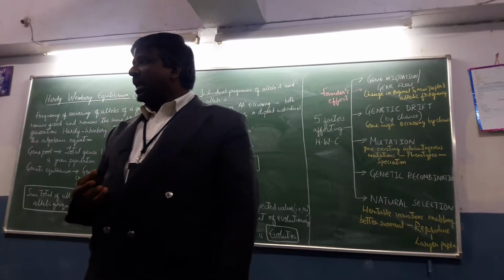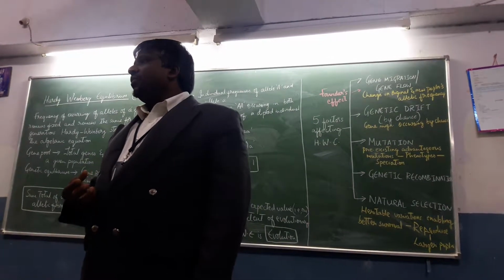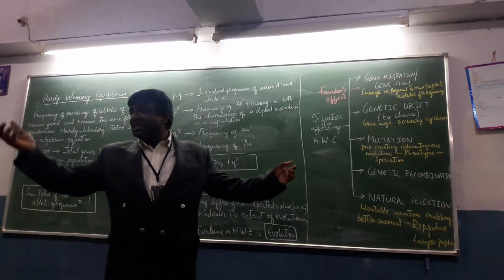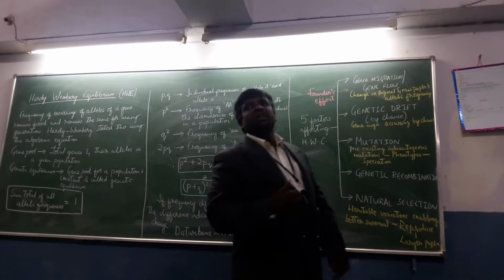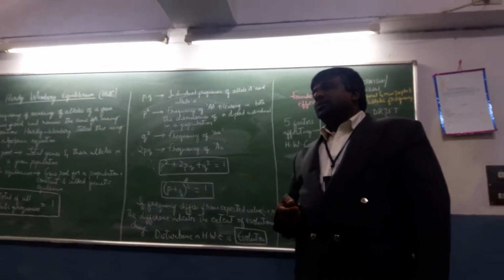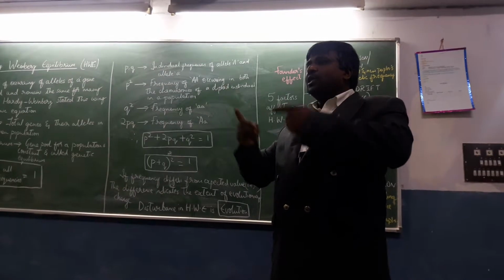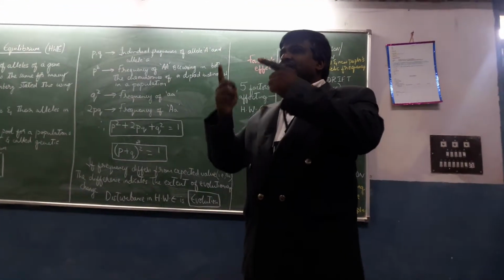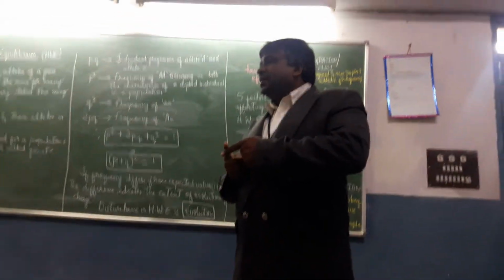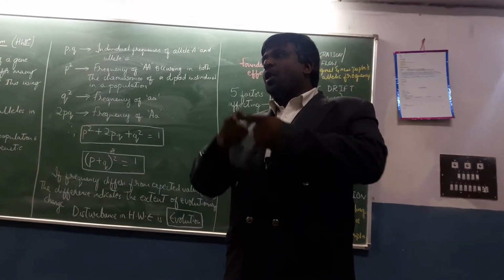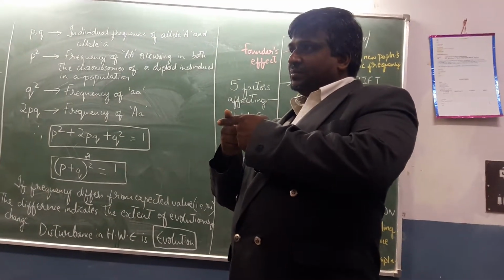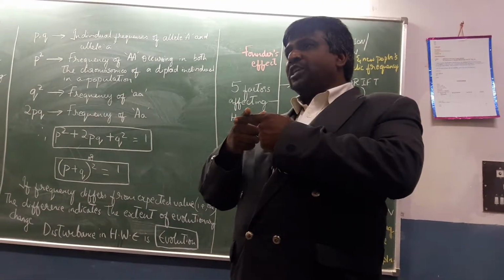So this is what you have to remember for your study of genetic recombination. Can you tell me when genetic recombination can take place? During meiosis, you know that there is crossing over of paternal and maternal chromosomes. The point at which they cross over, what do you call that point? Chiasma formation.